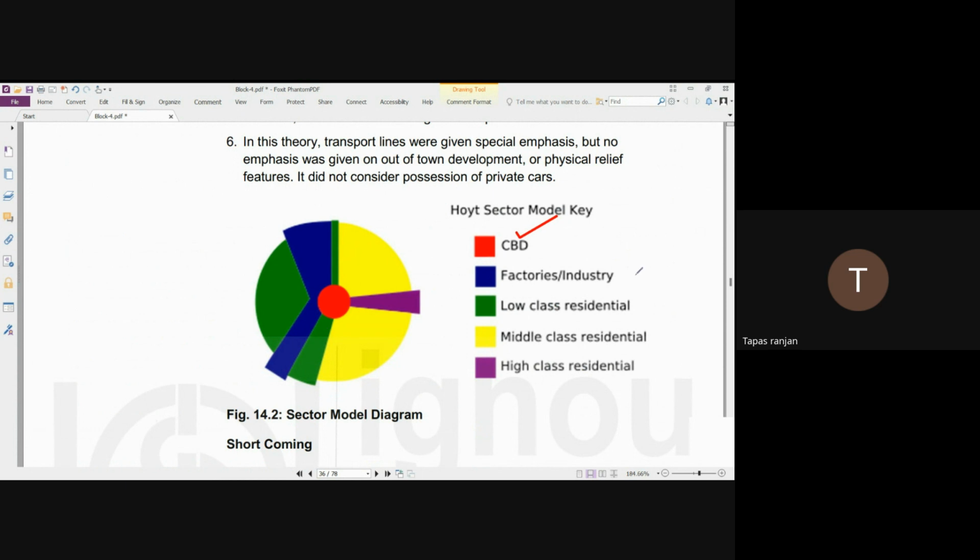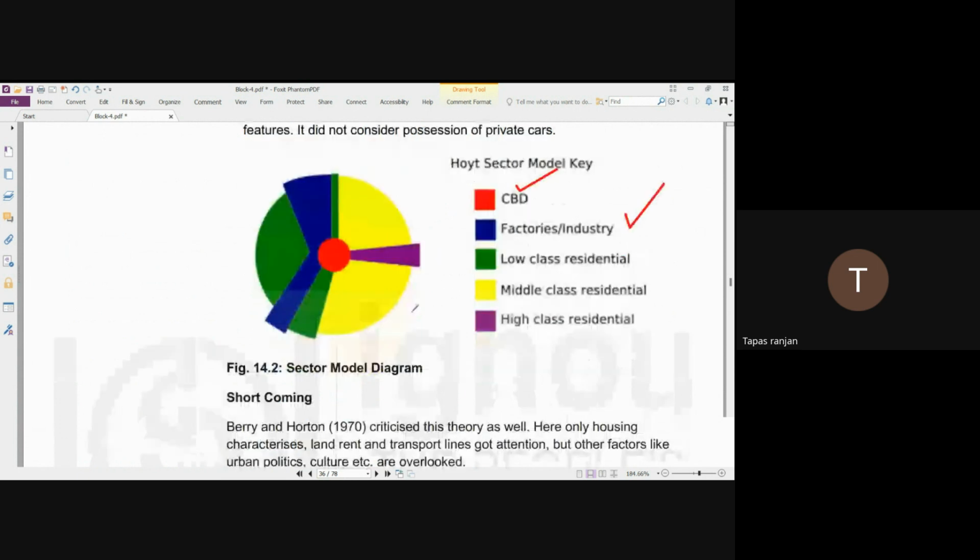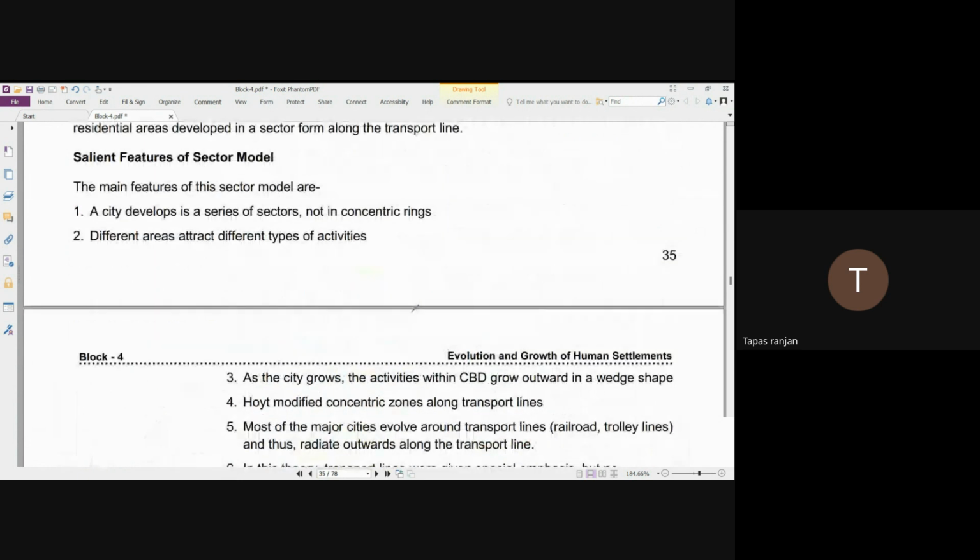Factories and industries will be connected to the CBD region in different lines, in a horizontal manner. Then there are low class residential zones, middle class residential zones, and high class residential zones. So these are the different sectors given by Homer Hoyt.